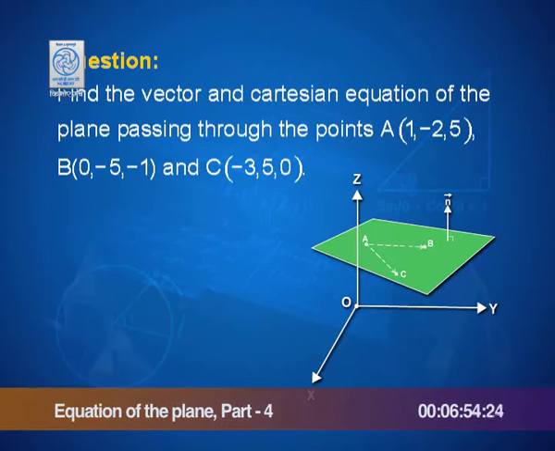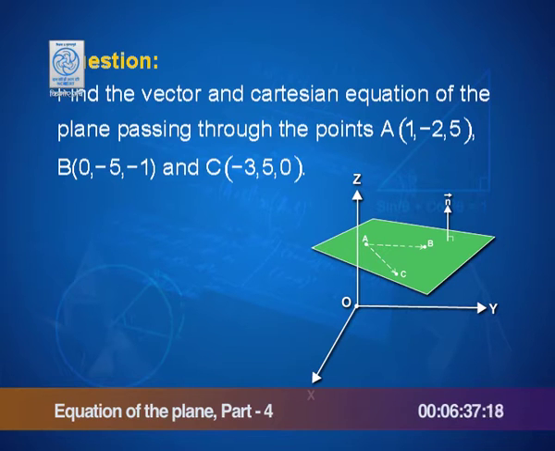The problem states: find the vector and Cartesian equation of the plane passing through the points A with coordinates 1, -2, 5, B 0, -5, -1, C -3, 5 and 0.